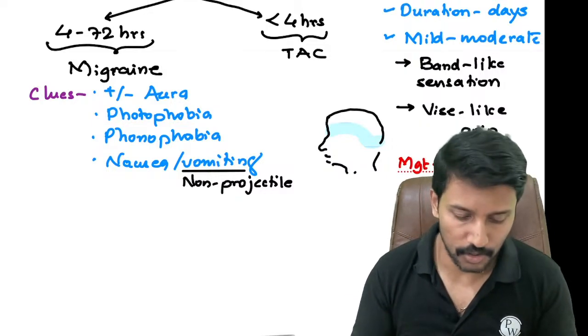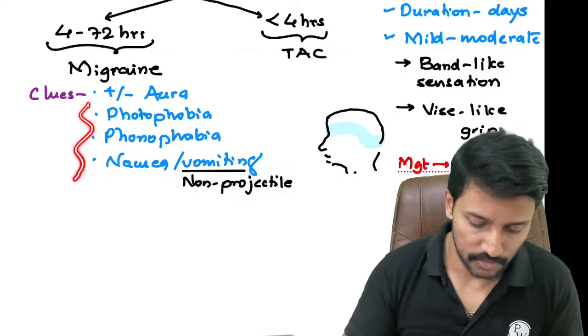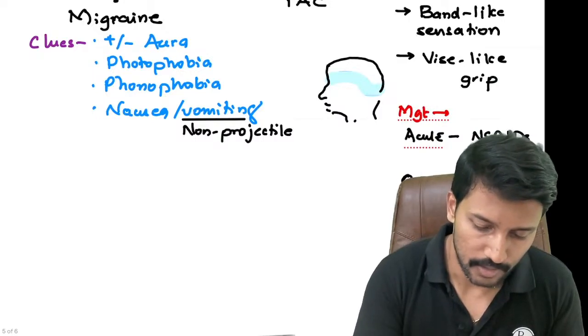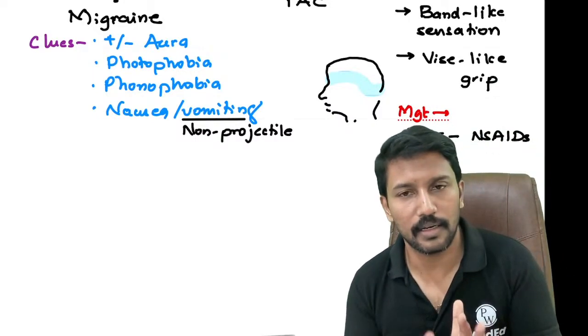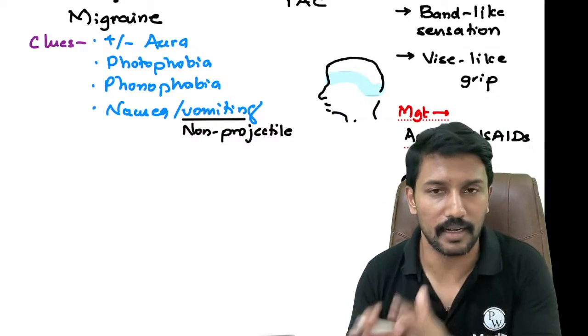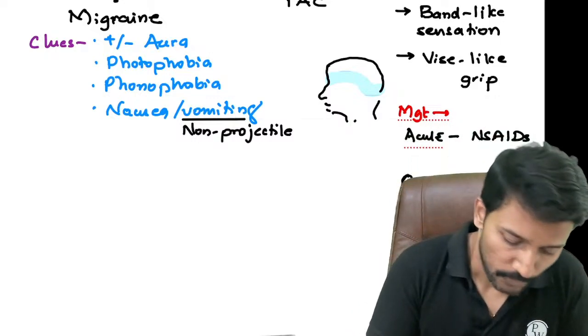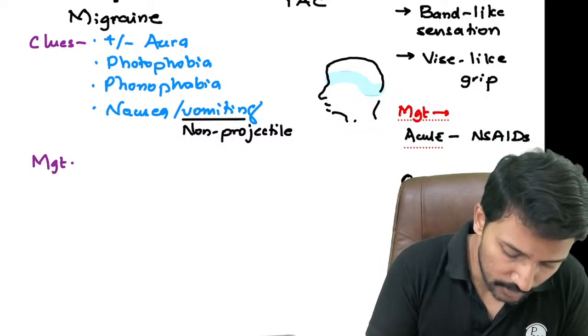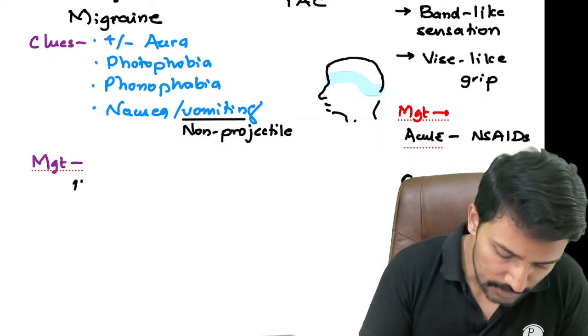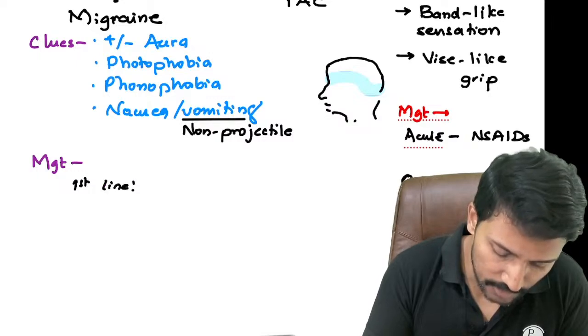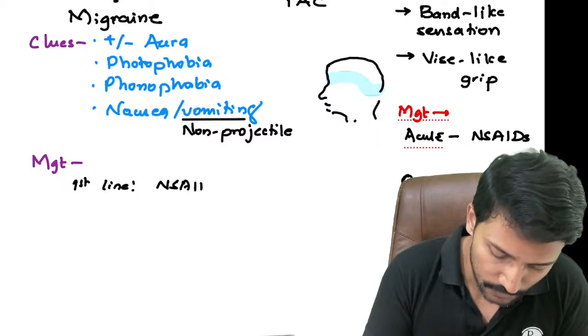So these are the potential clues that the question will mention if it is a case of migraine. Again, diagnosis is on clinical grounds. We generally do not require imaging until and unless there are red flag signs. When it comes to management of migraine, the first line medications are generally described as NSAIDs.